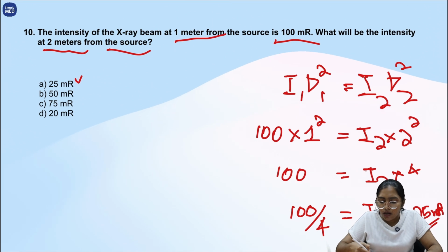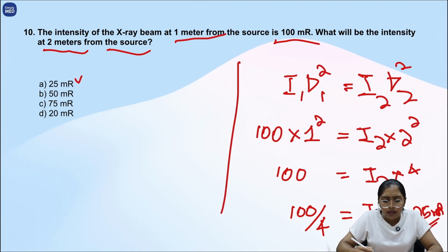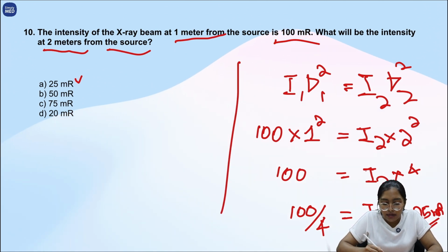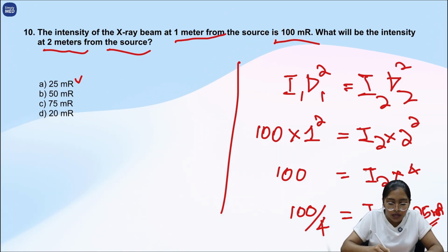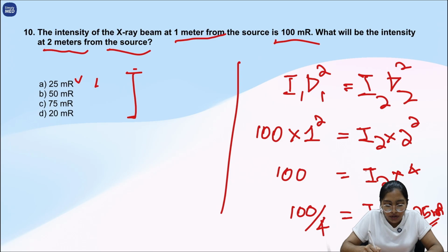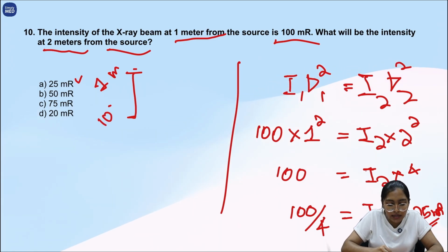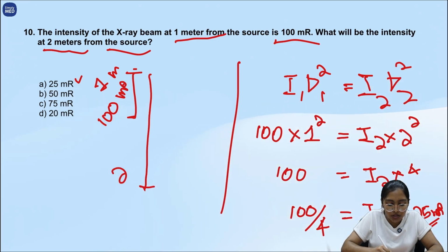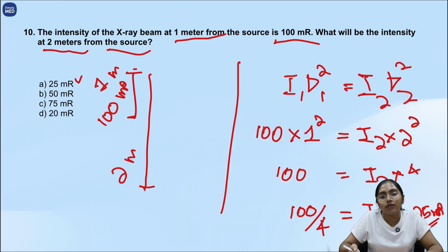You can either use the equation, or, as this question is actually very simple, we can also calculate it in our mind. See, the person was first standing at a distance of 1 meter, where he was getting an intensity of 100 milliroentgen. If he doubles the distance, standing at 2 meters, how much will the exposure reduce to?